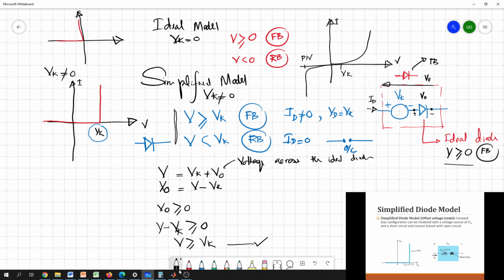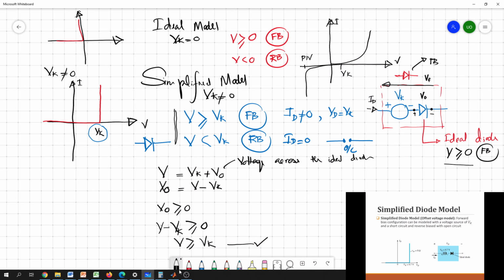whether the diode is forward or reverse. If the applied voltage is greater than or equal to the knee voltage Vk, you can simply claim that it's in the forward bias region. If the voltage is less than 0, you can claim that the diode is in the reverse bias region. If the diode is reverse biased, you can simply replace the diode with the open circuit model.